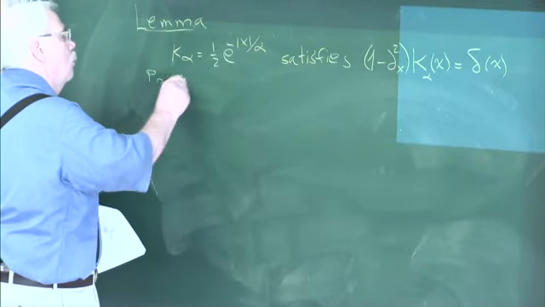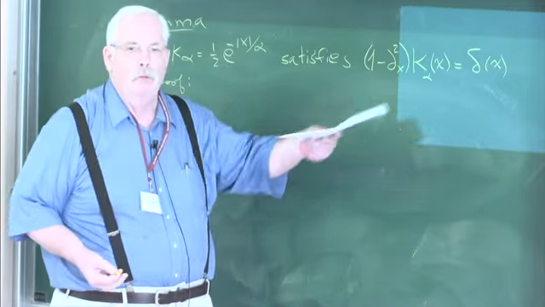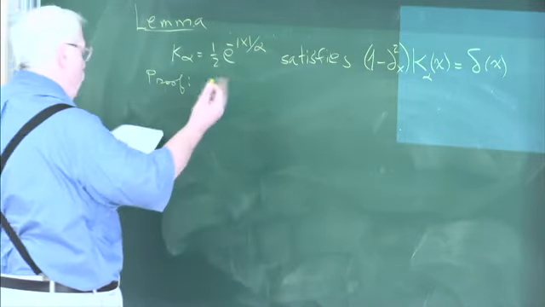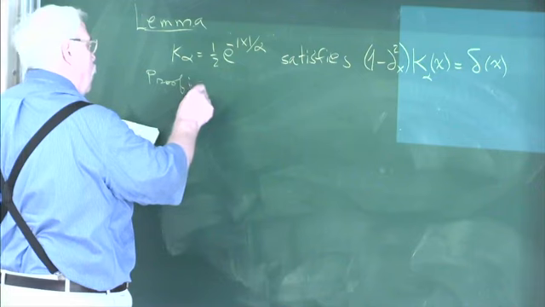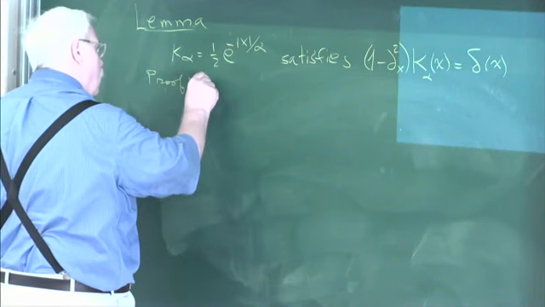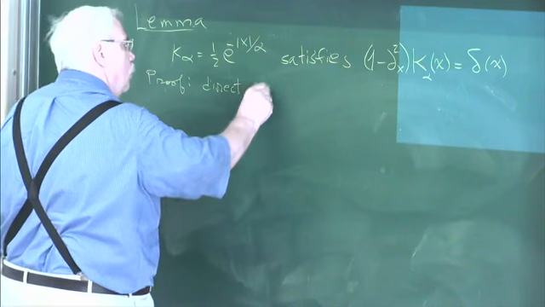Proof: you can do it many ways. One is by saying, here's my operator, I construct my Green's function by variation of constants. But another proof is just direct calculation.